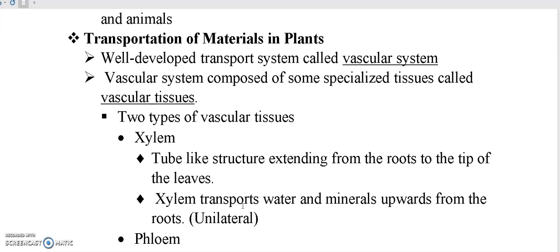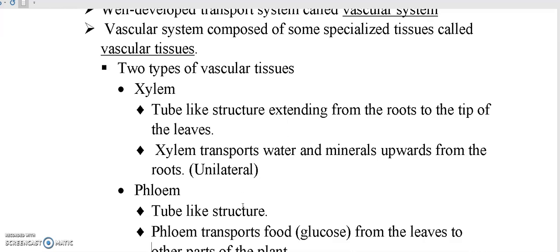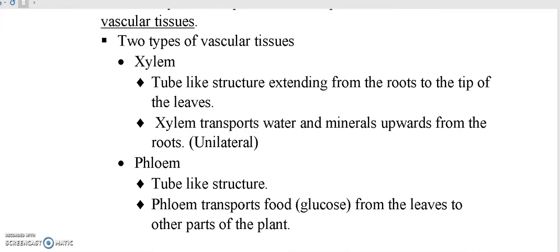So naturally, plants need to transport two things, water and minerals, and food, and that's why there are two types of vascular tissues. Xylem tube-like structure है, phloem भी tube-like structure है, but xylem water and minerals transport करते हैं, और वो भी in one direction, जबकि phloem food transport करते हैं, food in the form of glucose. इसको याद रखने का तरीका है phloem food, phloem food.